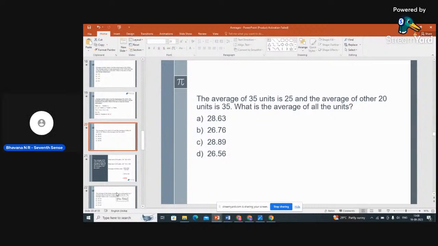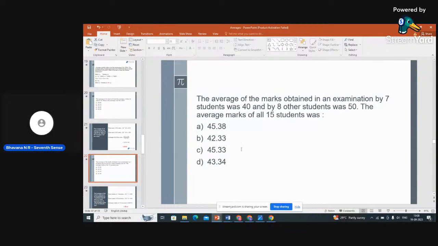So next, see, calculate this question and drop the answers into the comment box.